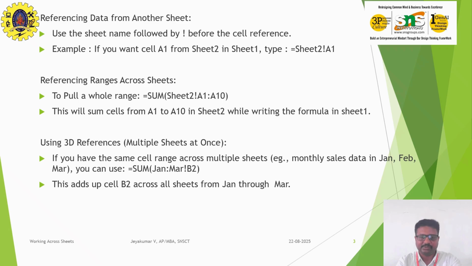If you have the same cell range across multiple sheets, for example your monthly sales data in January, February, March, you can use this feature, and it is implemented with the formula equal to SUM(Jan:March!B2). This adds up cell B2 across all the sheets from January through March.